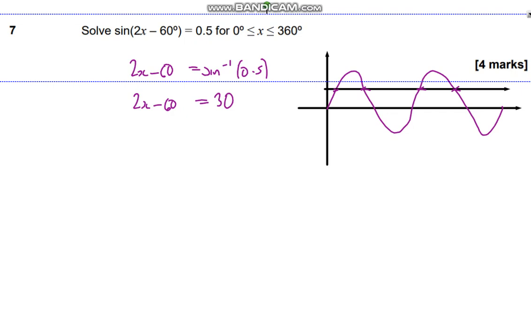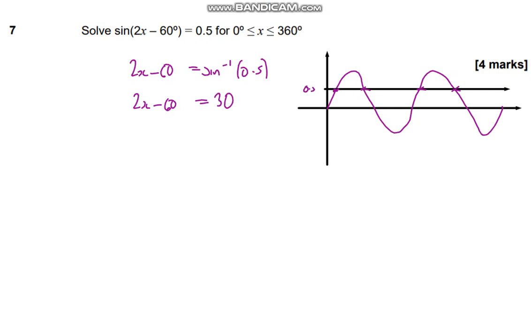So looking at this one from where we got the 30 degrees there, we've got 2x minus 60 is equal to 30. So that gives us 2x is equal to 90, and so x is equal to 45 degrees. That's one. Next one is going to give this one.